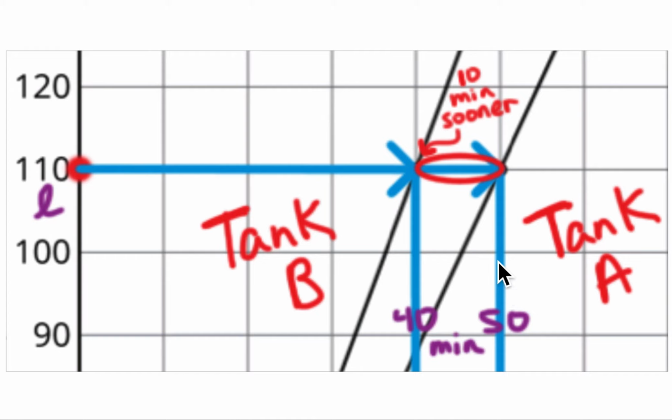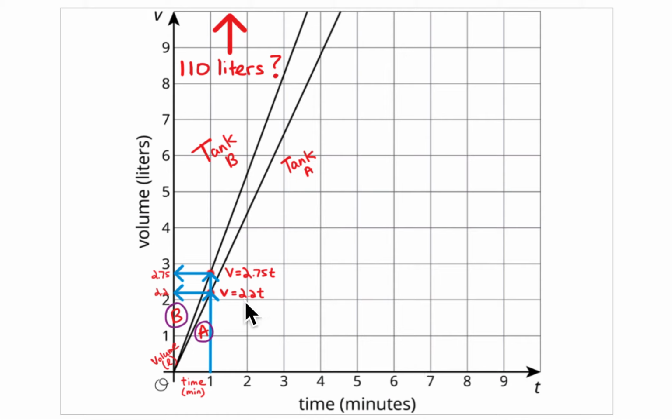Now notice how much volume is added. At 40 minutes, tank A is right here. That is 88 liters. And so another 10 minutes is 10 times 2 2/10, since every minute it fills 2 2/10 liters. What's 10 times 2 2/10?